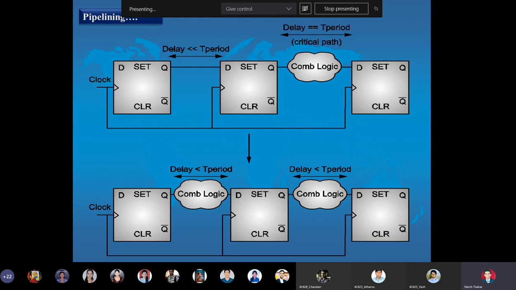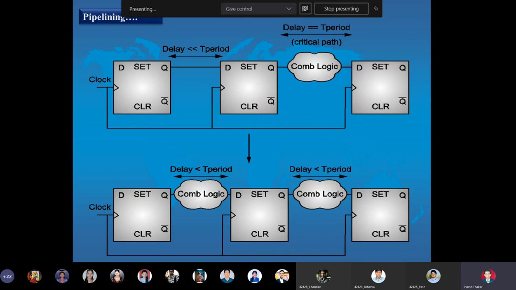Why? Because by adding this combinational logic, I have definitely increased the total latency or total delay of the system, which has cost me a lowering of the maximum operating frequency. But the benefit is that I have balanced the system. So this is called adding balancing delays in between registers.